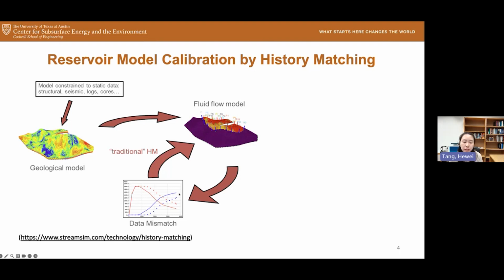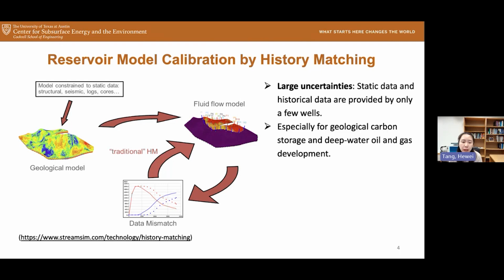Typically in industry, it is not uncommon for a reservoir engineer to spend months to get a reservoir model history matched. However, in energy transition applications such as geological carbon storage or deep water oil and gas development, this can be even harder, since we are facing much larger uncertainties because the drilling cost is high.